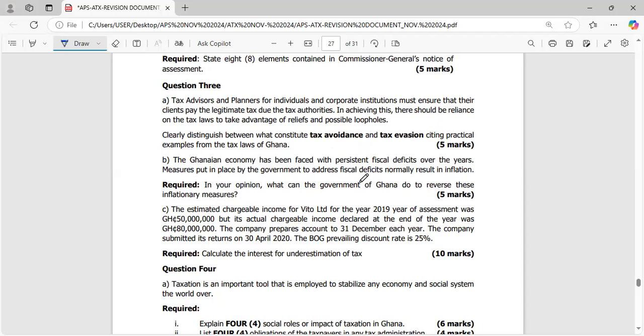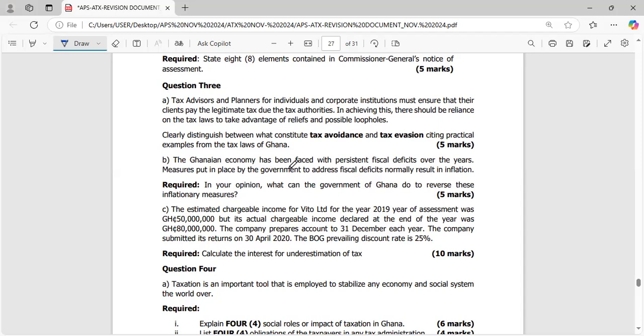Doing extra jobs for cash without declaring that money, you just put it in your pocket. Non-disclosure of major sources of revenue or income. Presenting false returns to the tax officials. Preparing multiple financial statements.